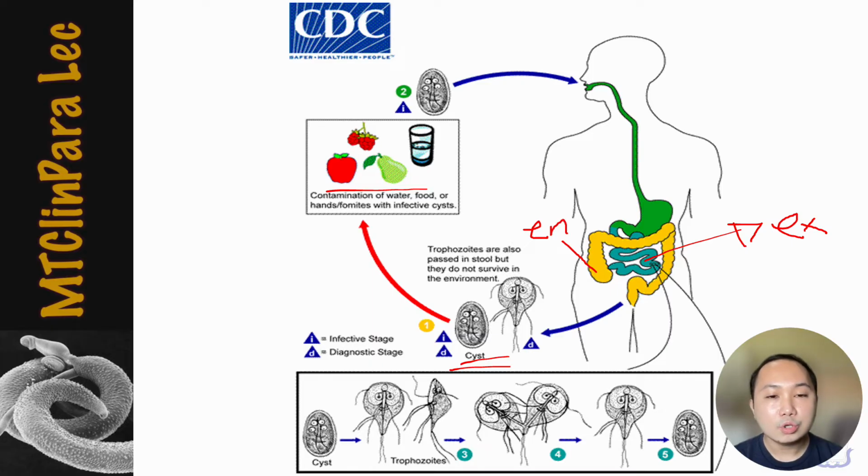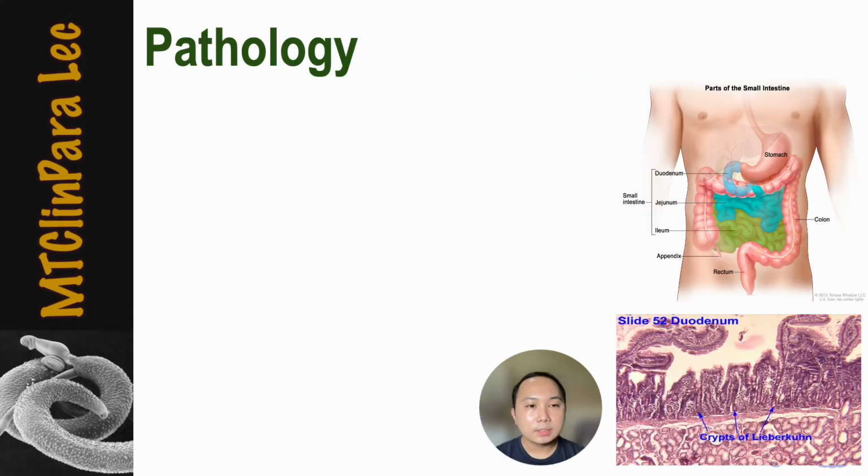Usually in this particular area, they will go back to the original form, your cyst form, so that once they are released in the stool sample, they can be infective again to other susceptible hosts.